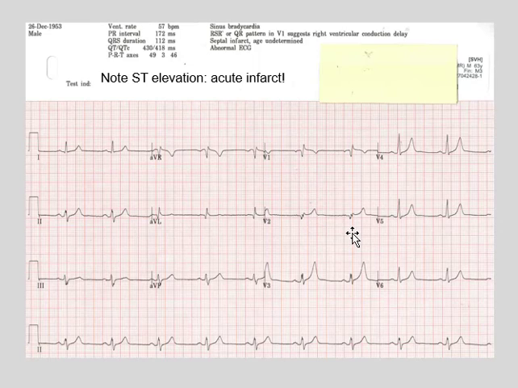However, notice that because of that T wave, we look at the ST segments, and it looks like the ST segments in V1 and V2, not so much V3, are elevated. So V4 is also possibly elevated.